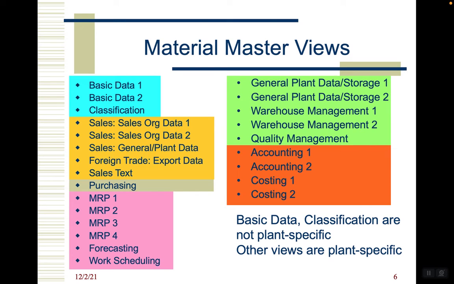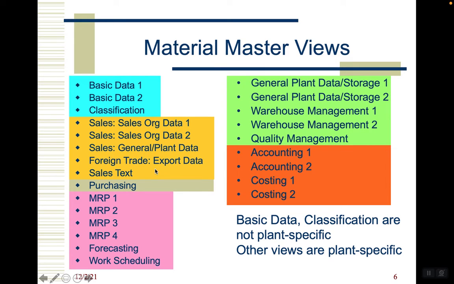So here's a little bit of a view to give you an idea of how a material master is set up. The blue is what we call basic data. So it's our basic data for a material, defining a material. The beige here is the views that we would associate with the material in terms of sales.